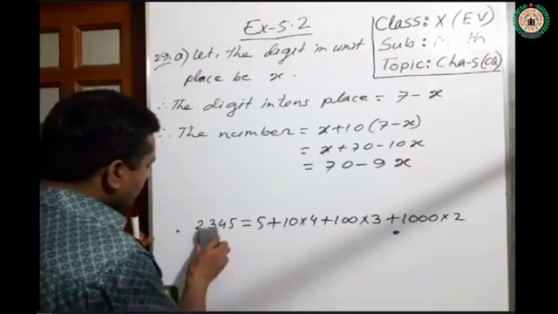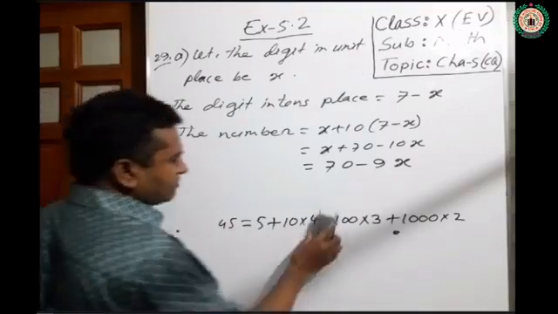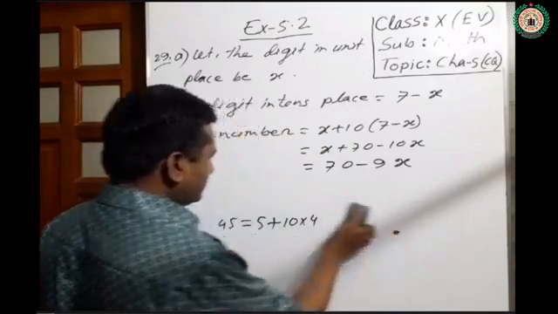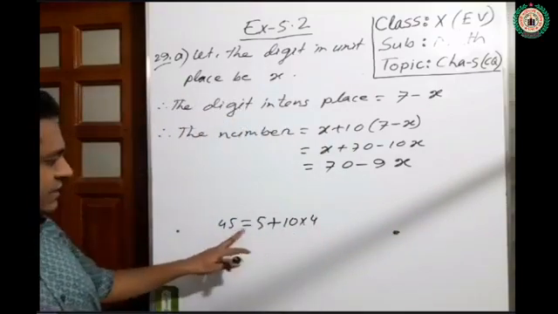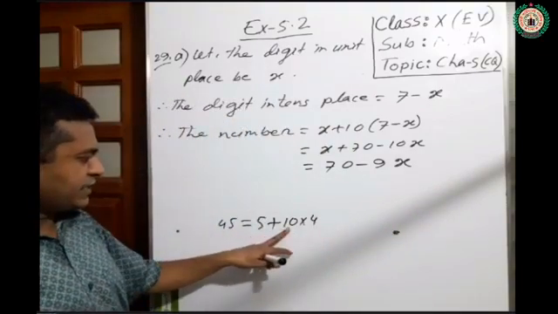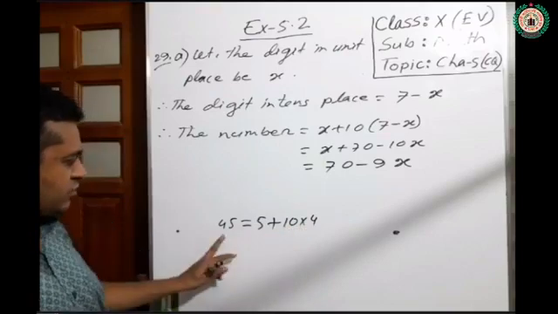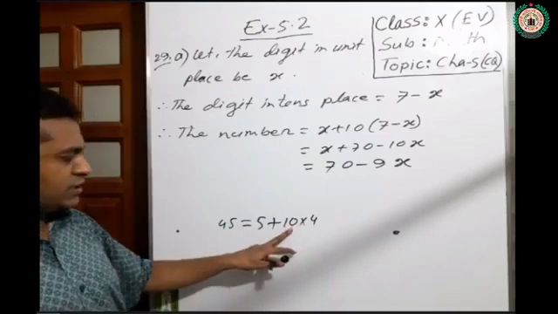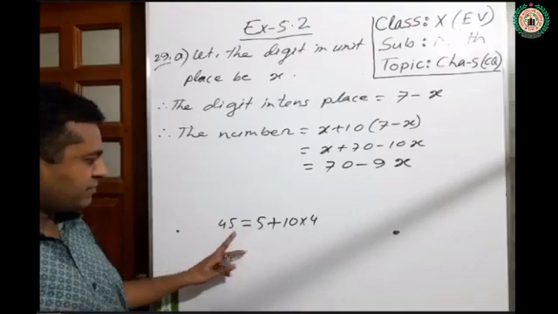That's why, if you have simply 45, then you can write it in this way: the digit in unit place 5 plus 10 into the digit in tens place, that is 4. 4 into 10 is 40, plus 5, 45.